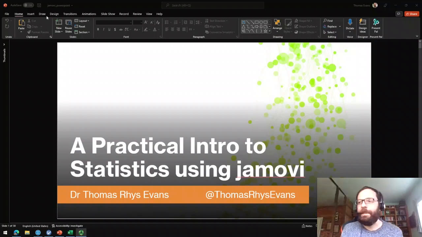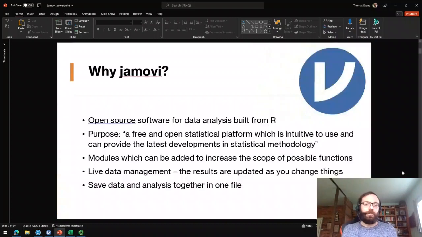So let's get started. The first question to address is, why should I consider using Jamovi? Now, there are obviously a number of statistical software packages available for use within psychology, my own field. SPSS is certainly one of the most common. My concerns around this are predominantly based upon the fact that it is proprietary software.